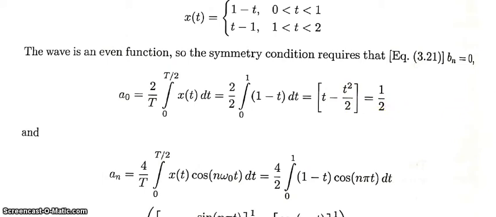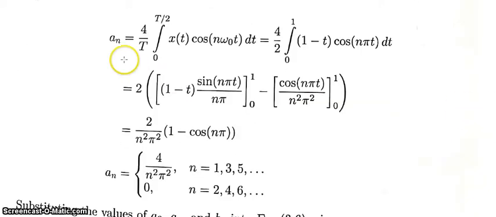Next is the evaluation of An. The equation for An, when we consider the symmetry condition, is 4 by T integral 0 to T by 2 x of t cos n omega 0 t dt. That is 4 by 2 integral 0 to 1, x of t is 1 minus t, into cos n omega 0 t, where omega 0 is pi, so cos n pi t dt.